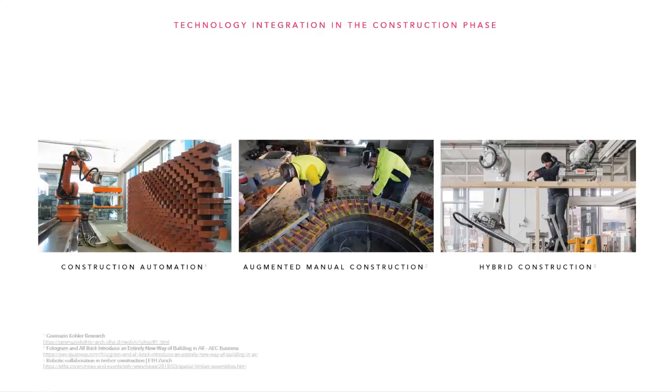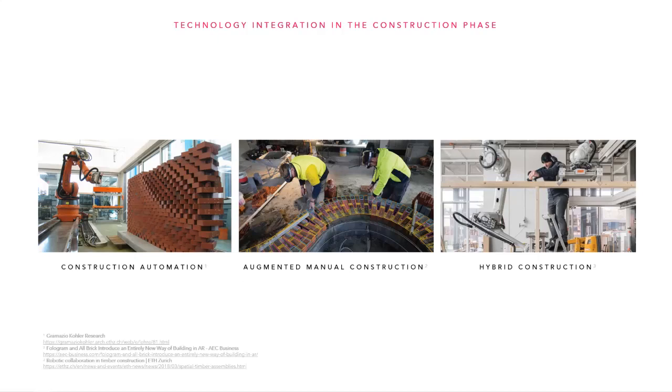As these scenarios facilitate the construction of complex tasks, seen in the first project by Ramazio and Kohler, where a robot is programmed to build a parametric wall, which is a rather complex task when it comes to manual building. And the second precedent also talks about augmented bricklaying in the augmented manual scenario.